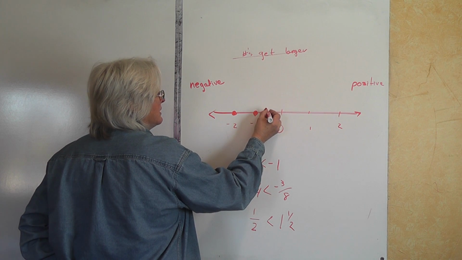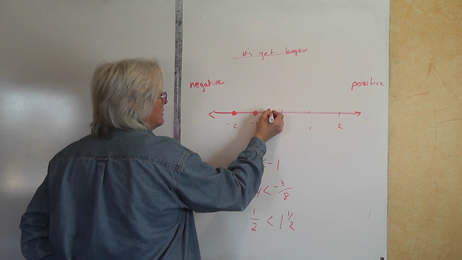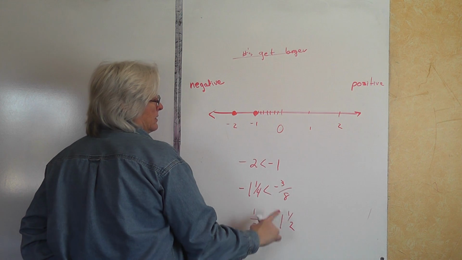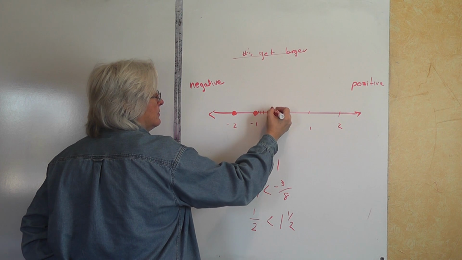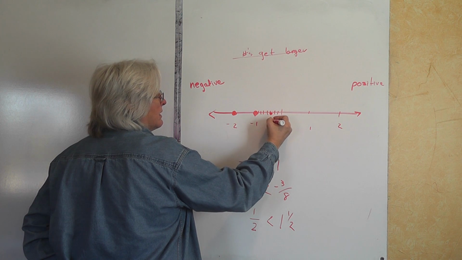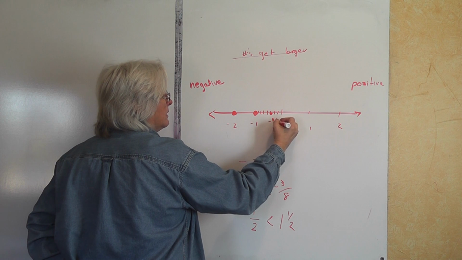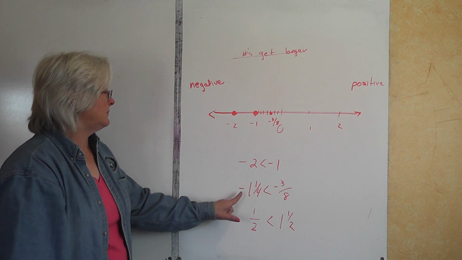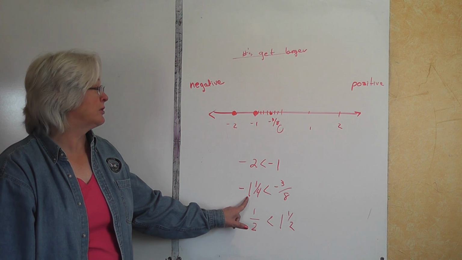If we were actually to divide that number line into 8 equal places, -3, 1, 2, 3, that right there is the point -3/8.